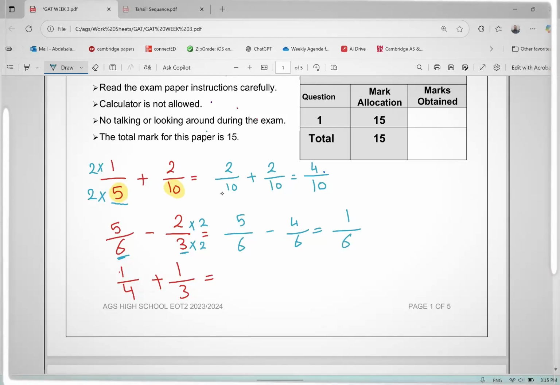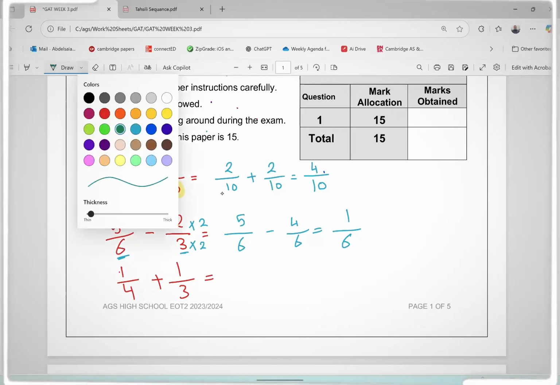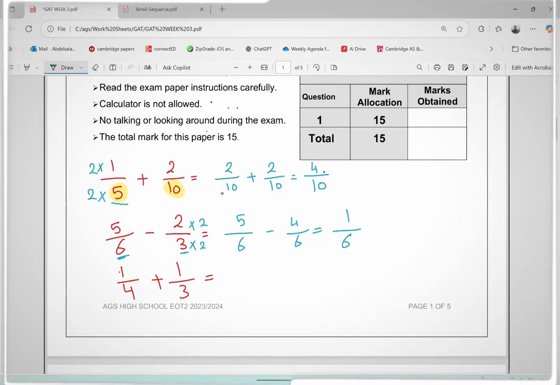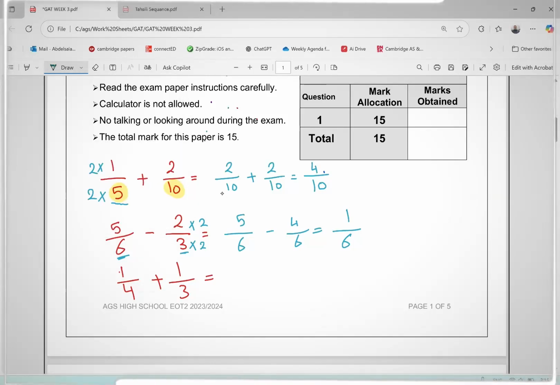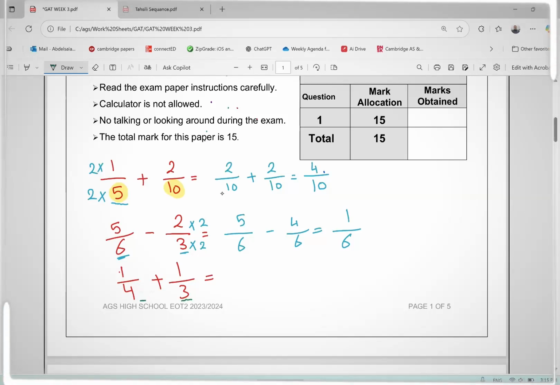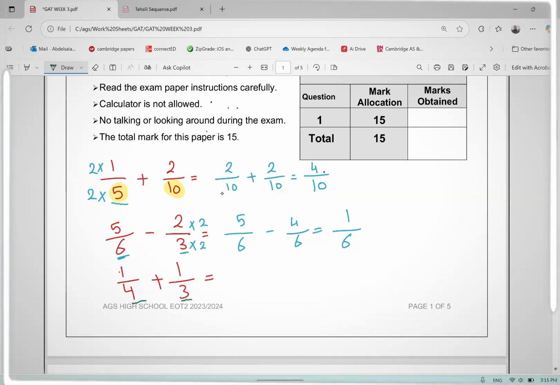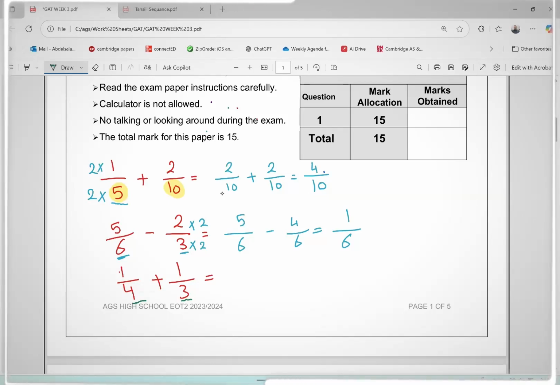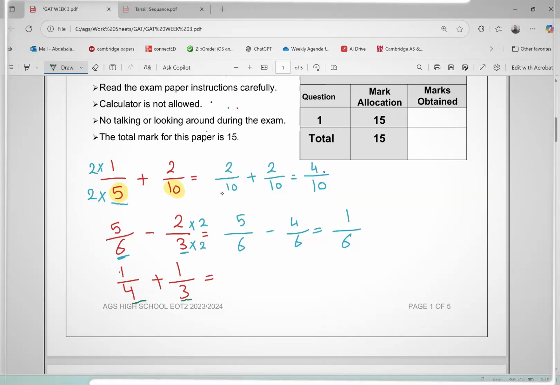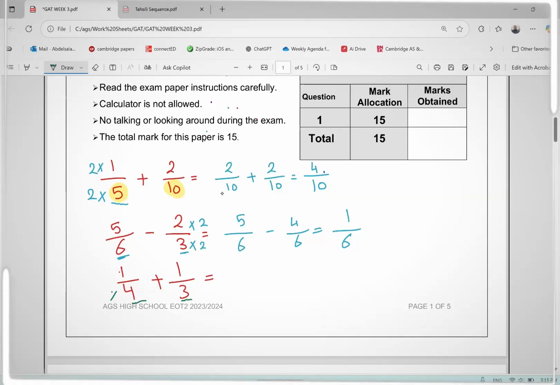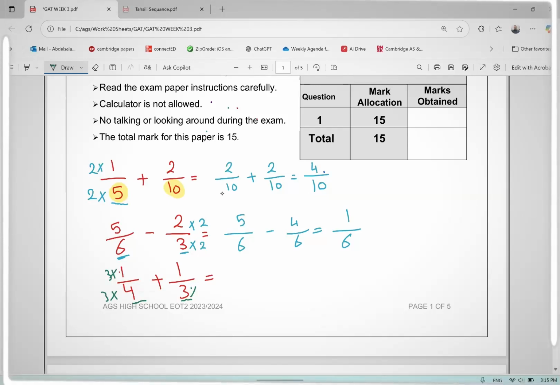Okay? Now, the third case, which is the most common case, and we will find it many times in Qudrat. If I have different denominators, and actually 3, I cannot multiply 3 by any number to be 4. In this case, I will switch. How switch? 4 I will multiply by 3, and 3 I will multiply by 4.